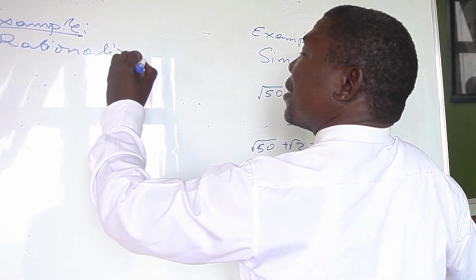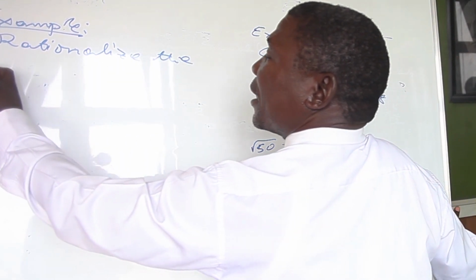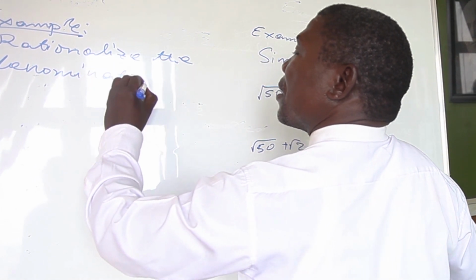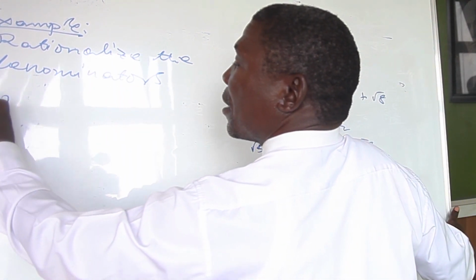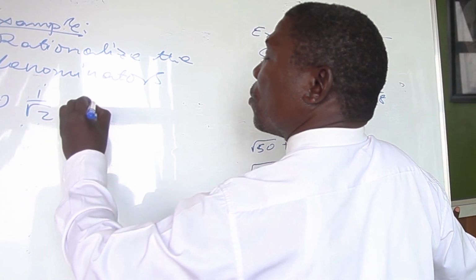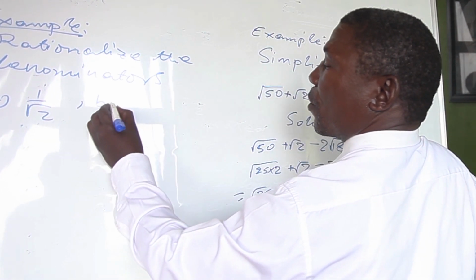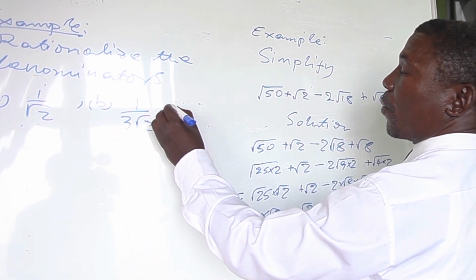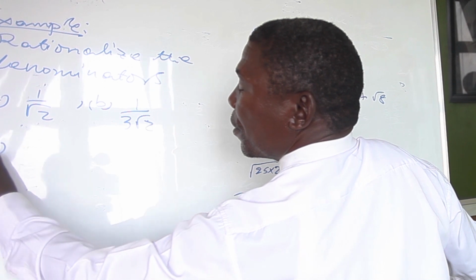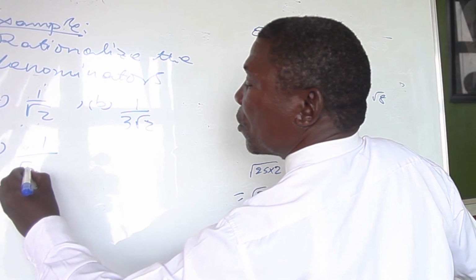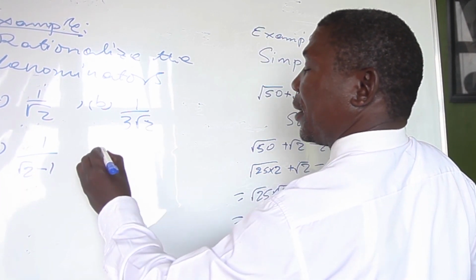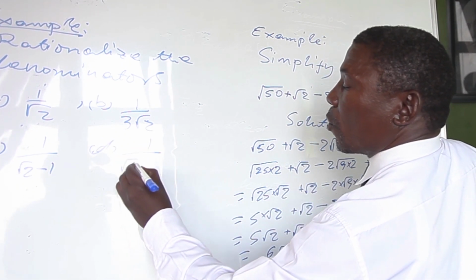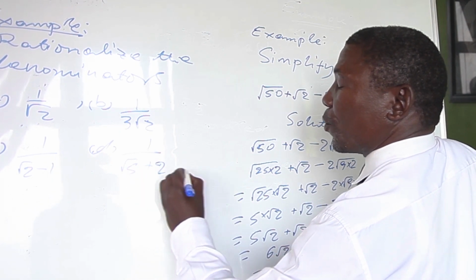Rationalize the denominators: A, 1 over root 2; B, 1 over 3 root 2; C, 1 over root 2 minus 1; D, 1 over root 5 plus 2.